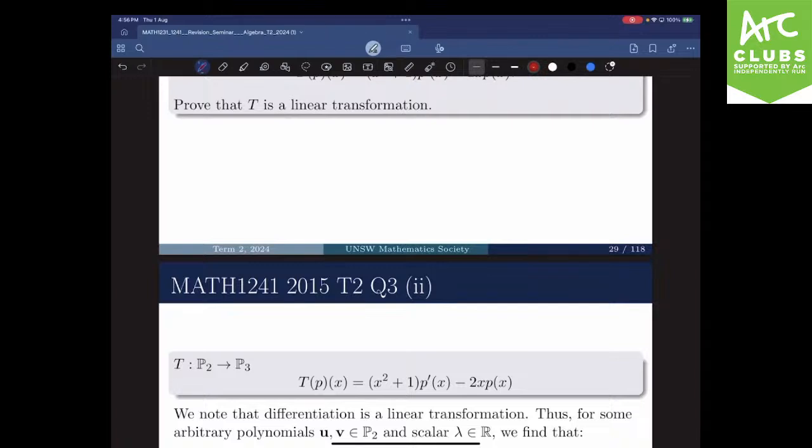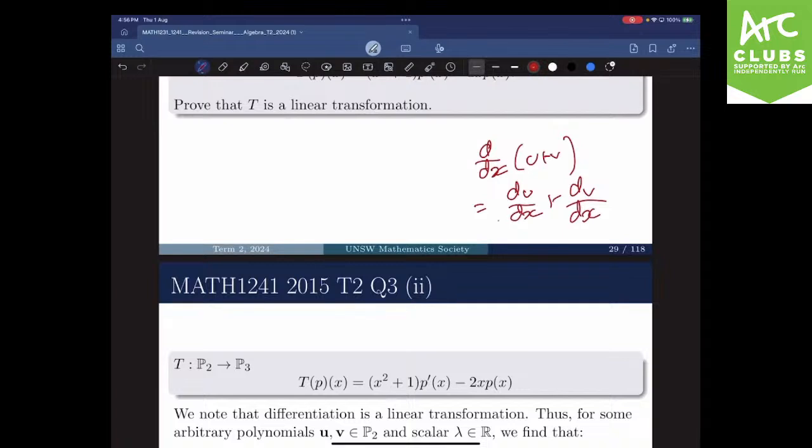But you can see that it is, because if we differentiate, d/dx of (u + v) is equal to du/dx plus dv/dx. And so it preserves addition.